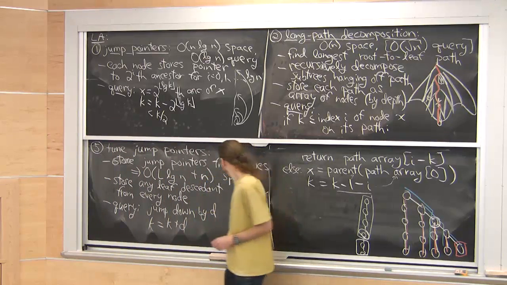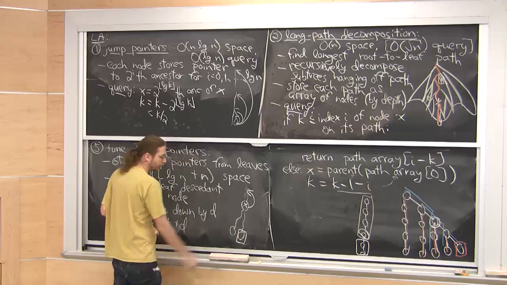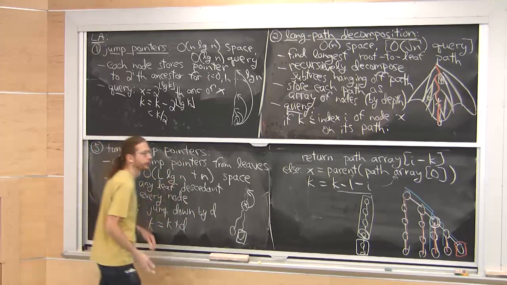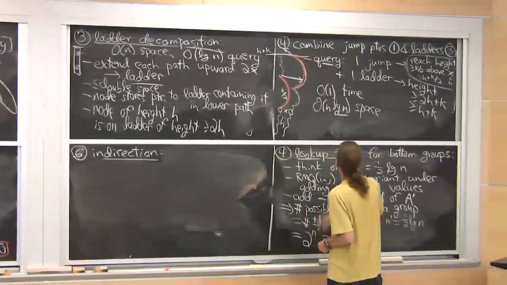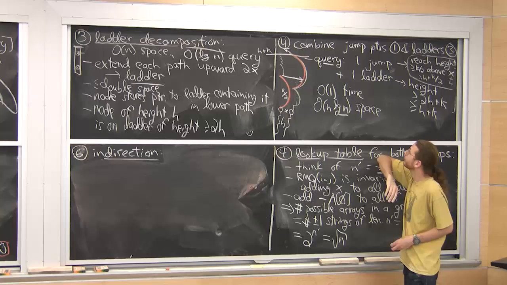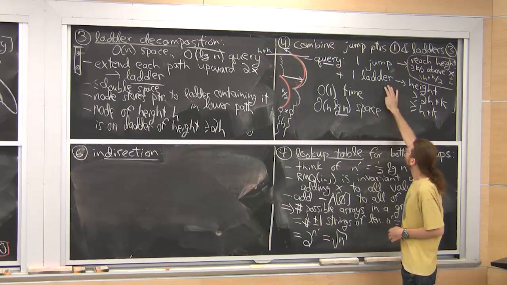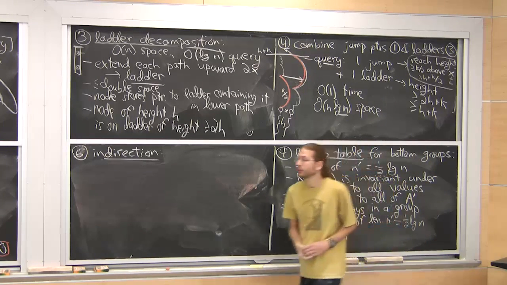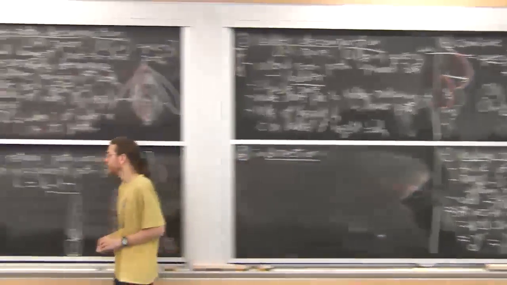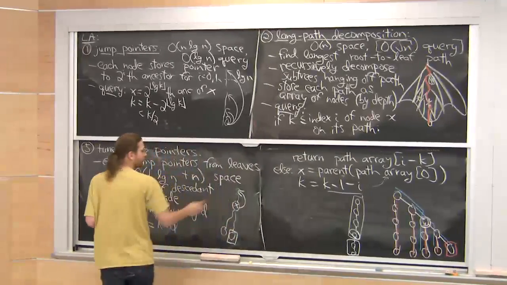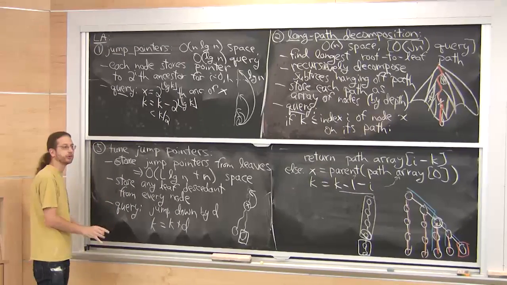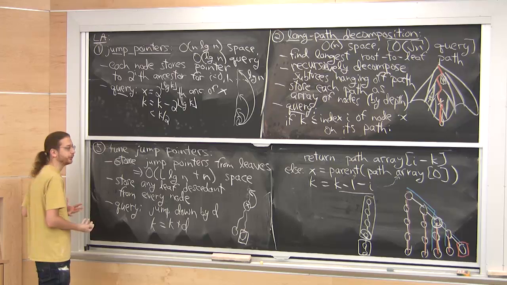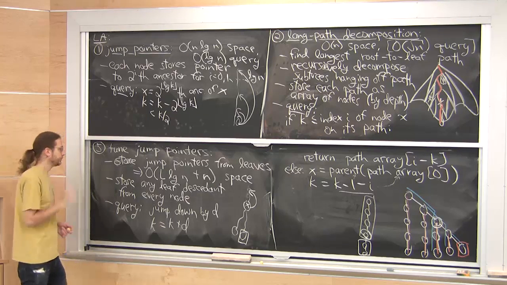Now we have a new node, a leaf, which has jump pointers upward. So we follow that one jump pointer to get halfway there from our new starting point, then follow one ladder, and we get to the level ancestor k plus d from the leaf, and that's the level ancestor k from x. This is like a reduction to the leaf situation. We really don't have to support queries from arbitrary nodes. Just go down to a leaf and then solve the problem from the leaf.